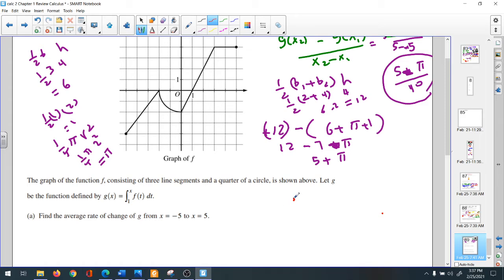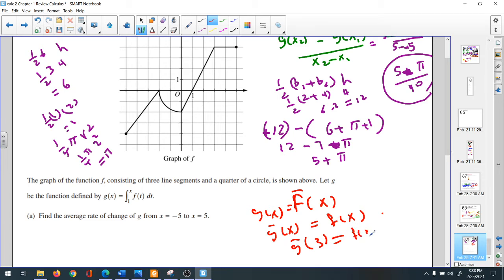The derivative of g will be f of x. So if you want to find g dash of 3, the instantaneous rate of change at 3, you're going to find f at 3.